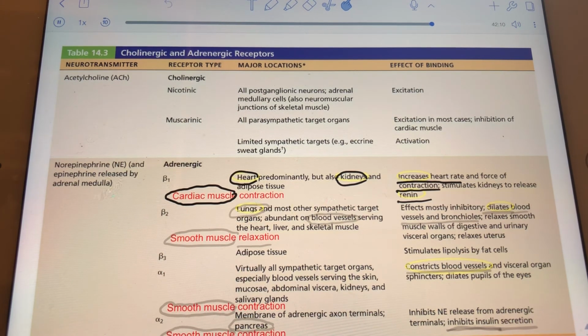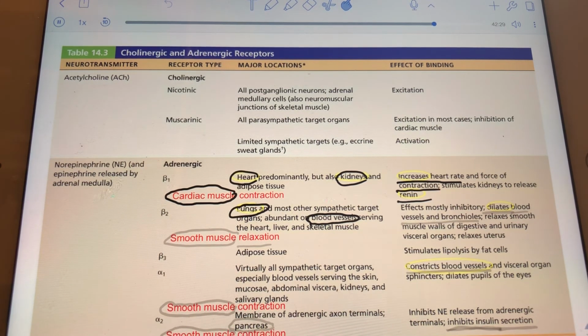Beta 2, when norepinephrine binds with a beta 2 receptor. Well, beta 2 receptors are found in the lungs, among other places, including blood vessels, all right?